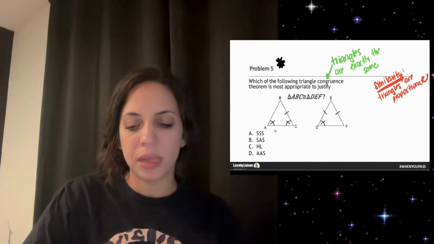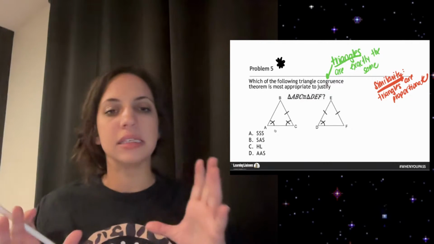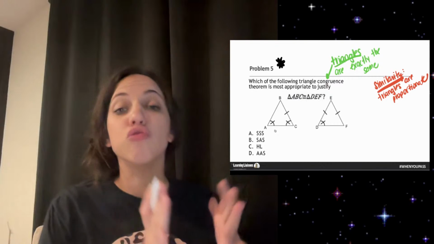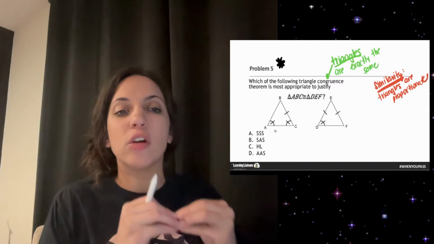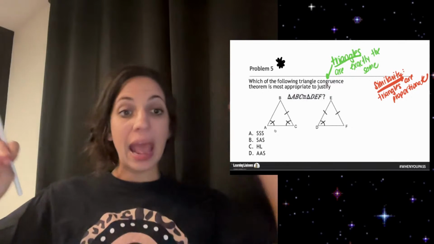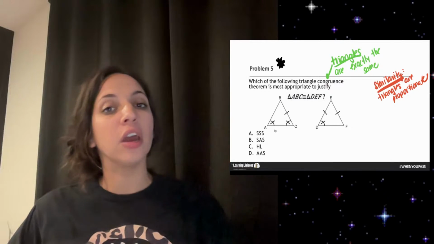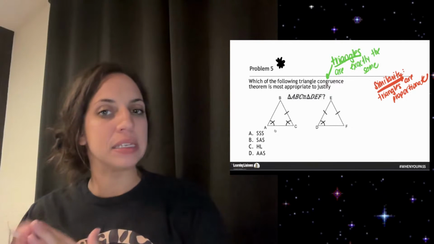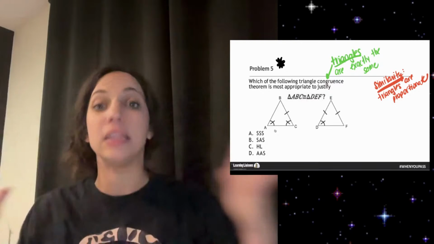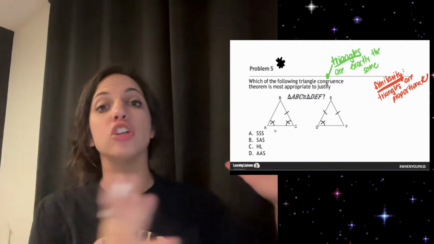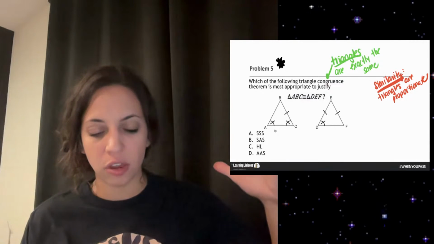So what does that all mean? That means that we are looking for congruency. We're looking for these triangles to be exactly the same, angles and sides. Whereas in similarity, the angles could be the same, but the sides could be drastically different. They are just proportional to one another.